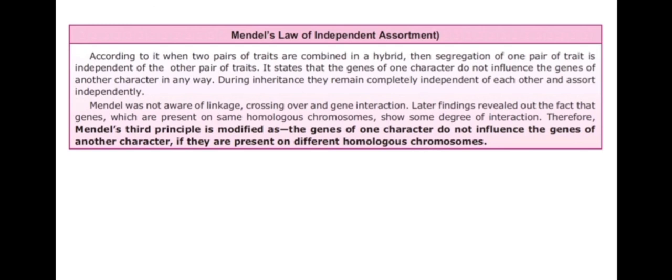Therefore, Mendel's third law or principle is modified as: the gene of one character does not influence the gene of another character if they are present on different homologous chromosomes. That means if the genes for two different characteristics are present on two different homologous chromosomes, then they do not interfere with the inheritance of each other.